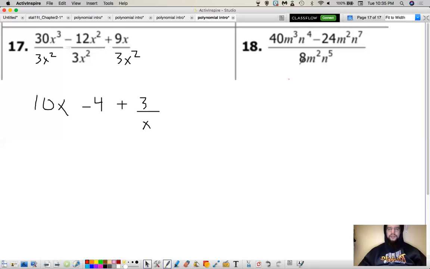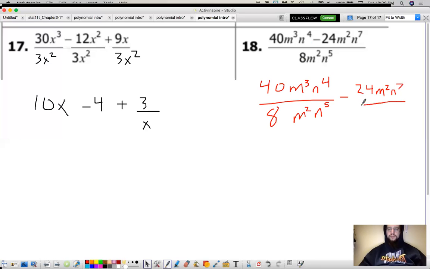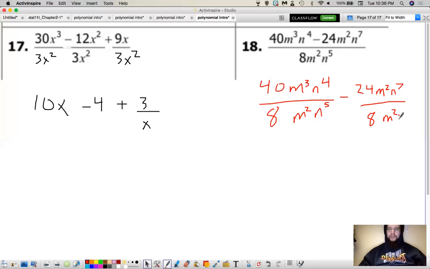It's dividing those things. So I'll write this one out. Why not? So just separate your two terms up here. 40 divided by 8, 5.